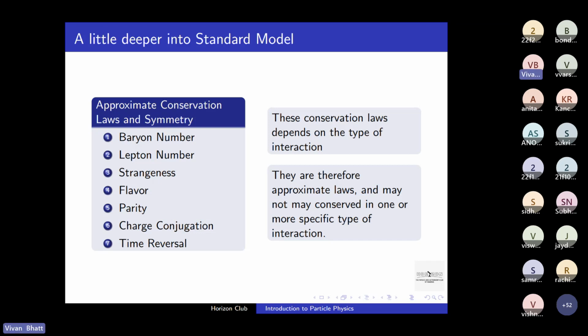So now you look at this. You know that CPT on the whole needs to be conserved. That is something that we know because it lies at the heart of any quantum field theory. Any quantum field theory that violates CPT would not give you things like energy conservation, and Lorentz transformations would be violated.